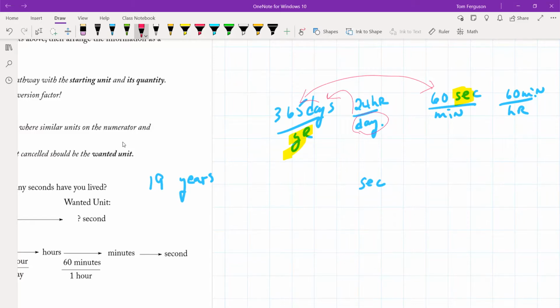Is there another conversion factor that has hours in it? Yes, over here. This has minutes in it, not seconds. Is there something that has minutes in it? Yes, this one here. So via those conversion factors, we can make a link that gets us from years to seconds.